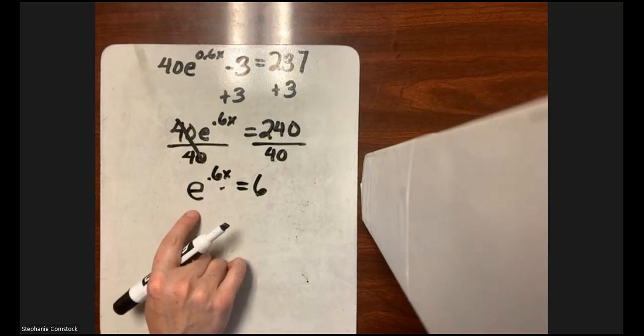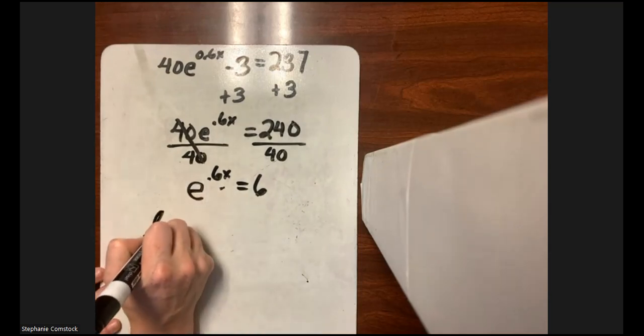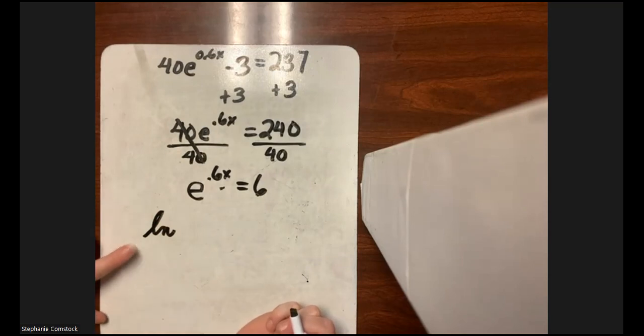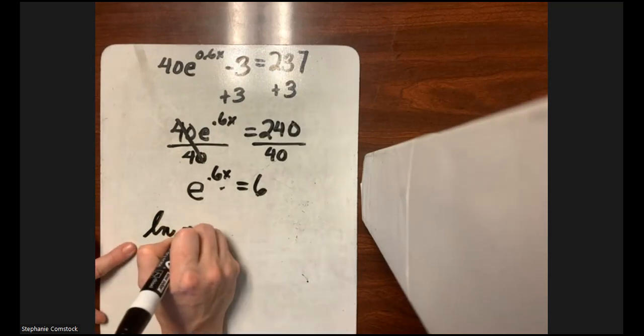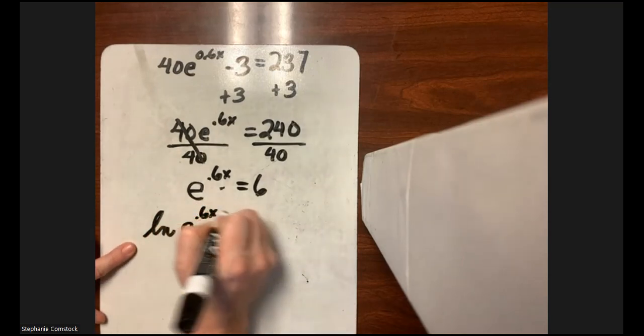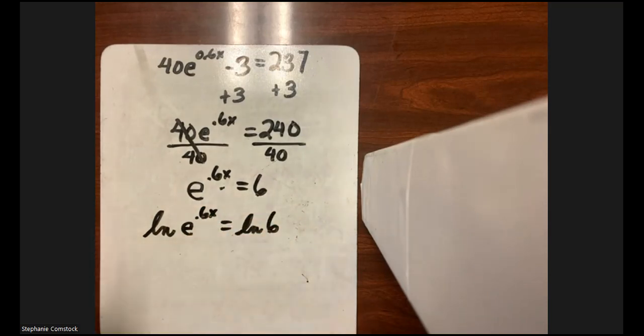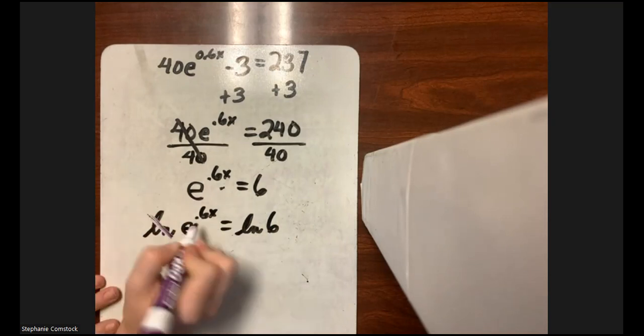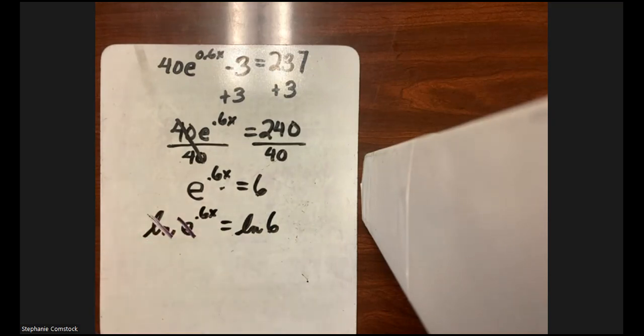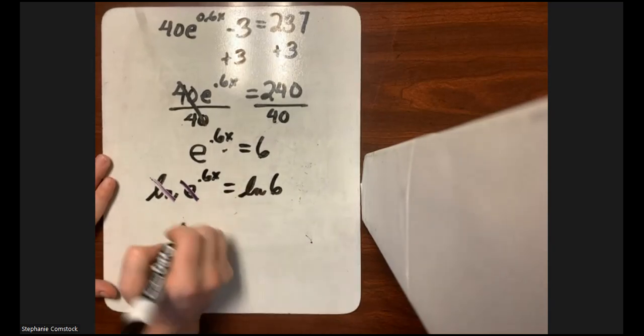I have a base of e here. That means I want to use natural log. Remember, I do mine in script, okay? 0.6x, natural log of 6, okay? So again, kind of what we saw in that previous one, when you have the log with the matching base against it, those go away.